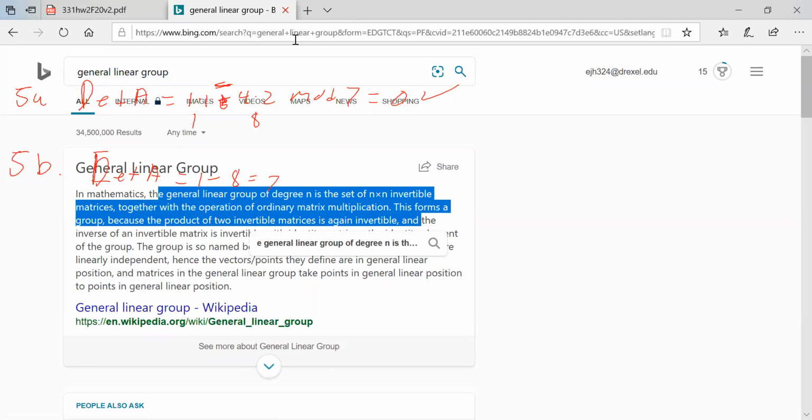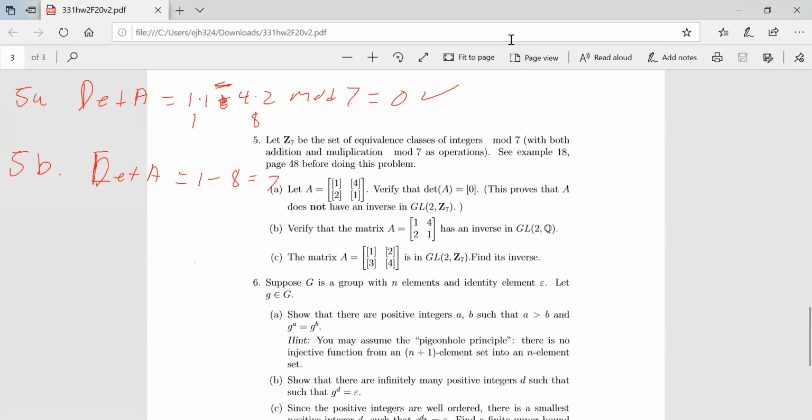That is also a group that we are interested in. The set of matrices that have determinant 1 is another group that we are interested in. But apparently this one is all the invertible matrices.